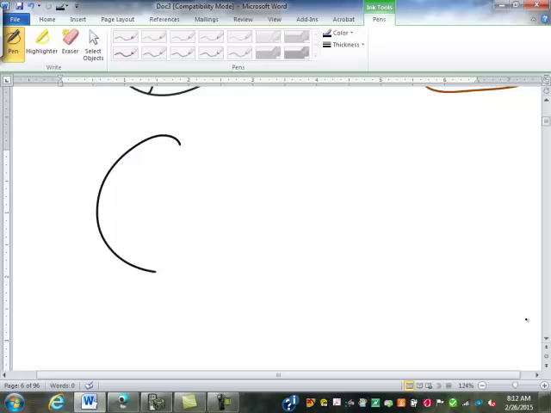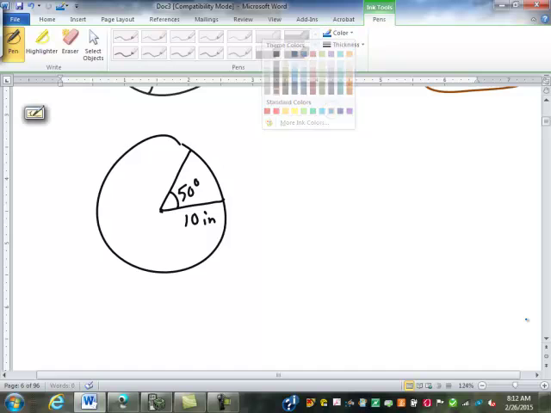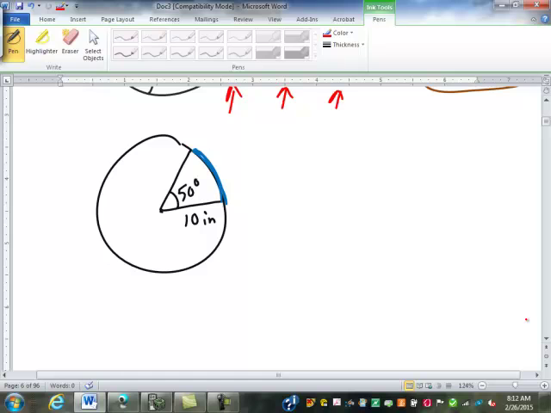Well, keeping that knowledge in mind, what if I asked you to find the length of that arc? What do you think we would do? Well, following the pattern of what we just did up here with the sector area, there we found the area of the whole circle and used the fraction.